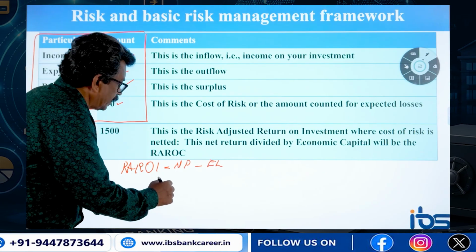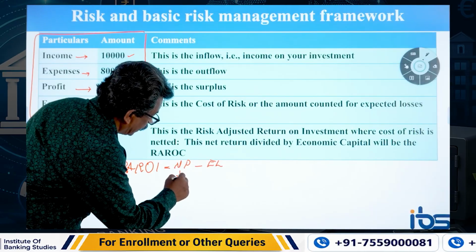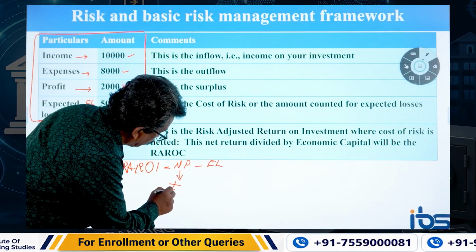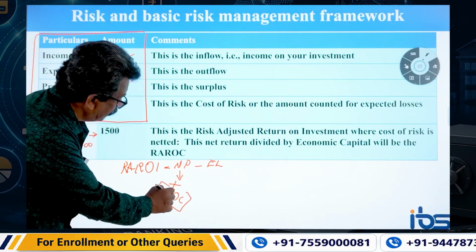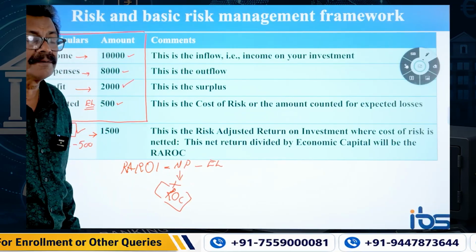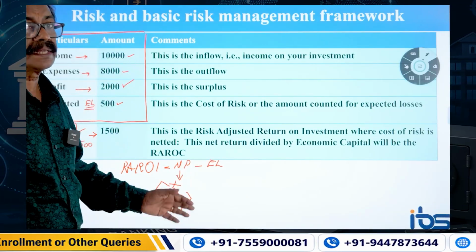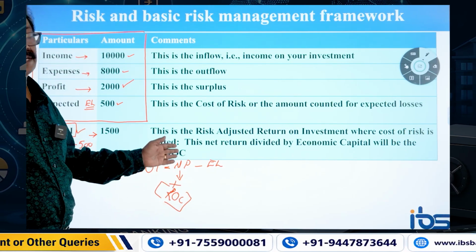Along with this net profit, you can add another thing, the return on capital, if any. Sometimes in the question they will give you another factor, that risk adjusted return on capital will be this much. If it is given like that, you have to add return on capital along with the net profit.